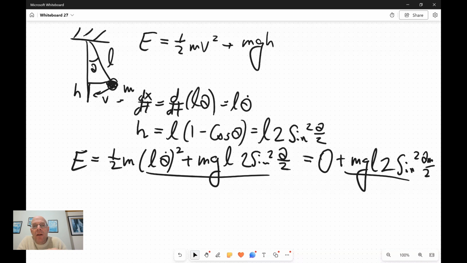So then what else can I do? I can simplify the expression a bit by dividing by the mass, canceling the mass, and by L square.